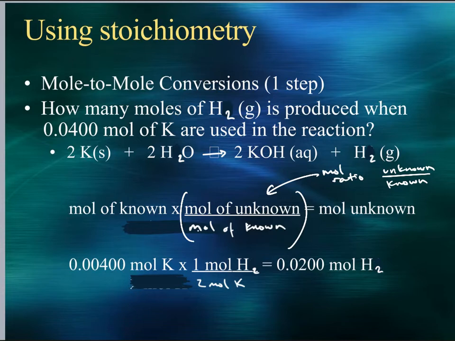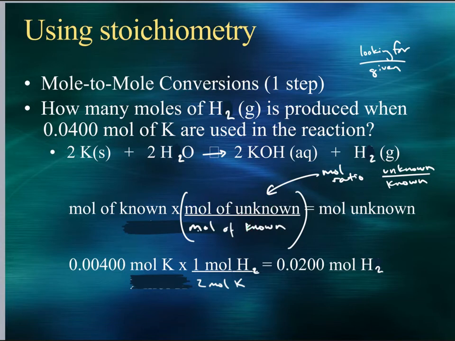You could write it as what you are looking for over what you were given. Here we are given potassium, where you were given that value, so that's going to go on the bottom. And on the top goes the moles of whatever is the unknown, what we're solving for, which in this case is H2. So you have to set up this mole ratio in all the problems.